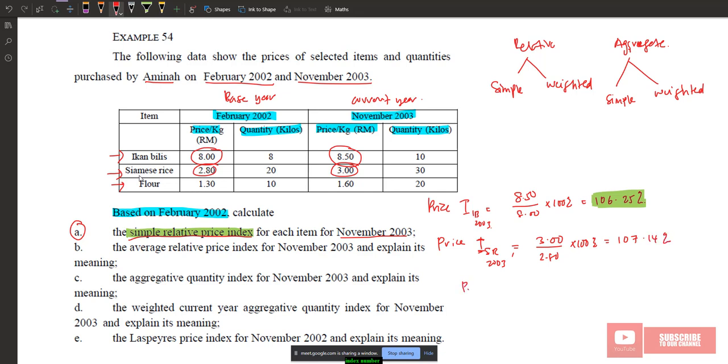And the third one is price index for flour 2003. So price for 2003 is 1.60 divided by 1.30 multiply with 100%. So this one should be equal to 123.08%.